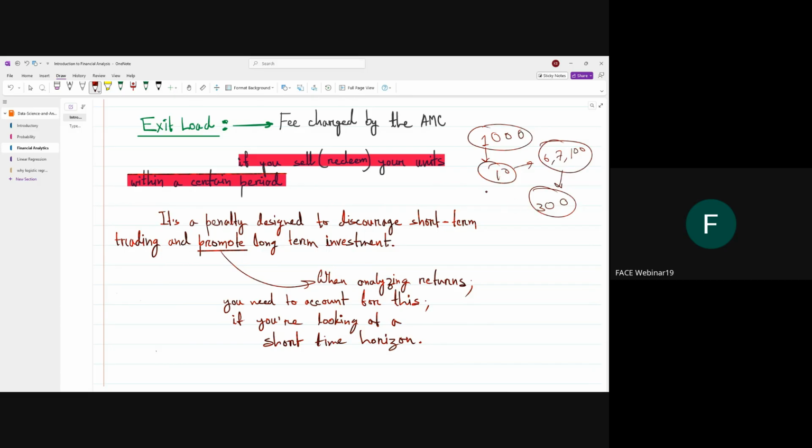What happens is that these 300 units are divided among the rest of the people.